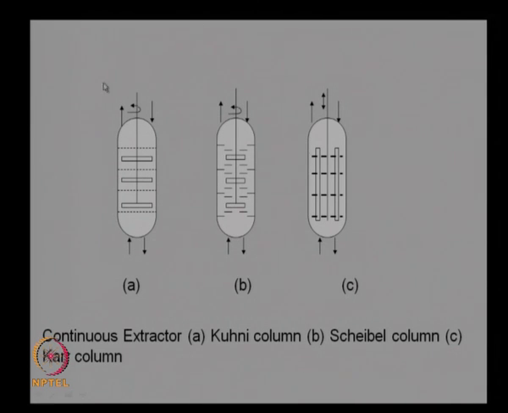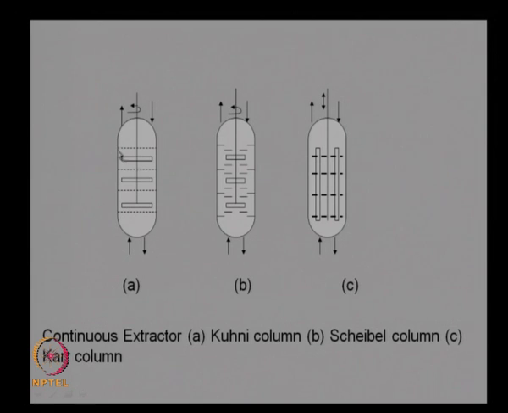The first one is called the Cooney column, the second is called the Scheibel column, the third one is called the Karr column. In the Cooney column you have agitators as well as sieve plates. Each region between two sieve plates acts as a single stage extractor, and there is good mixing inside this stage because of the agitator blade.